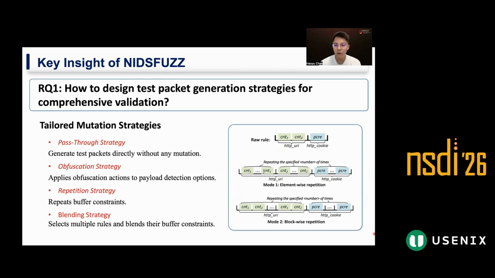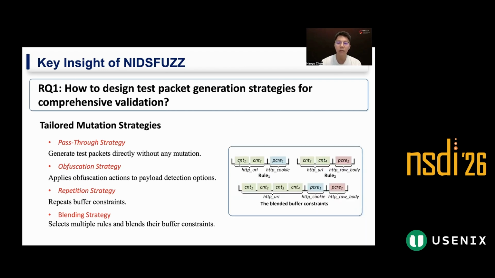We repeat buffer constraints, either element-wise or block-wise, as you see in the figure. The goal is to stress the rule matching engine. This is useful for exposing performance issues, delayed alerts, and worst-case behavior in sanitization.